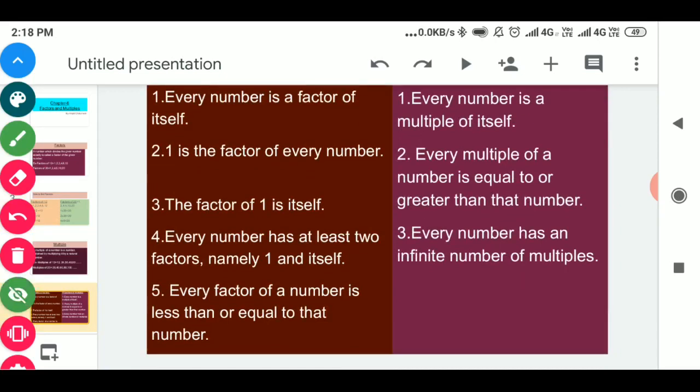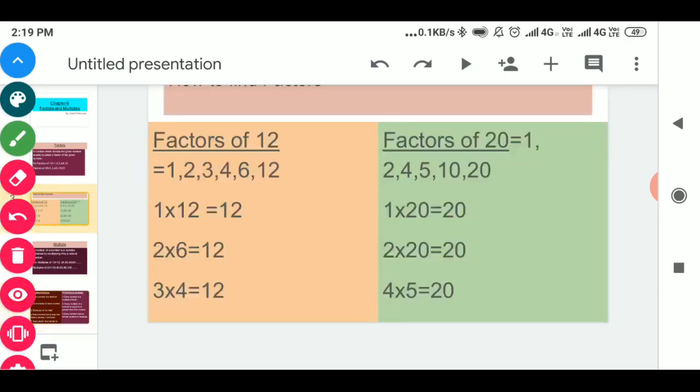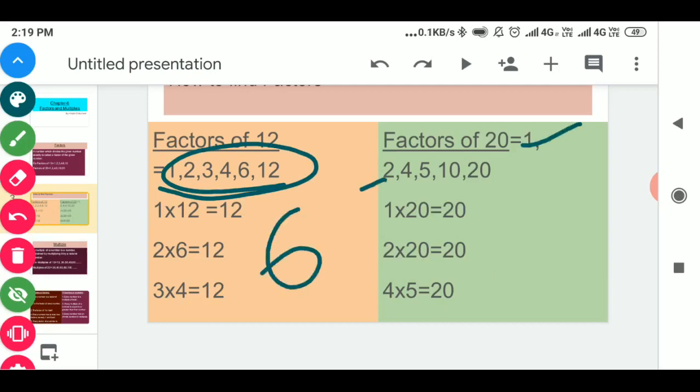Next is every factor of a number is less than or equal to that number. The factors of any number will be finite. Here the factors of 12 are 1, 2, 3, 4, 6, 12. That is, total factors of 12 are 6 in number. Here the factors of 20 are 1, 2, 4, 5, 10, 20.